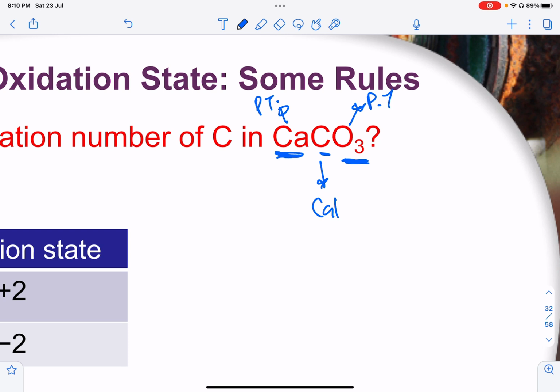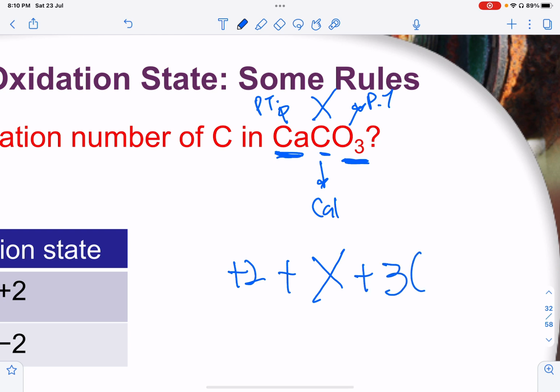So in this case, you have calcium, which is +2. And let's call the carbon oxidation state X. So plus X, because there's only one carbon, plus 3. Why 3? Because there are 3 oxygen atoms, and each of the oxygen atoms has a charge of -2. In total, this will be equal to 0.